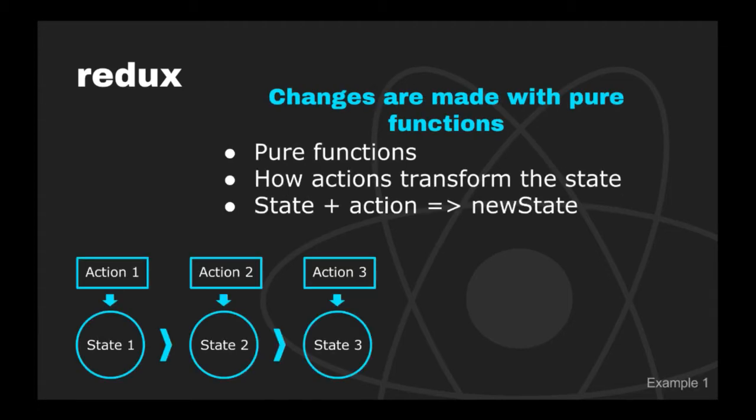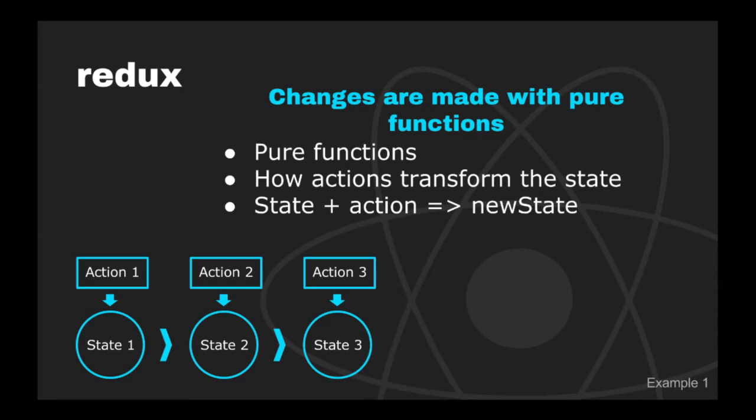So the last principle is that every change is made with a pure function. The reducers, as I said, are pure functions, which means that they cannot operate on anything outside of the function. So we cannot make network calls, we cannot modify the state of a global object.